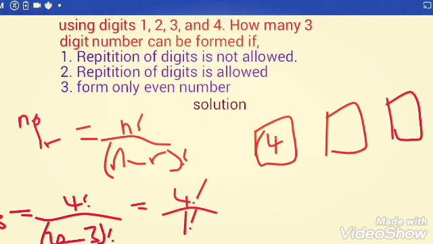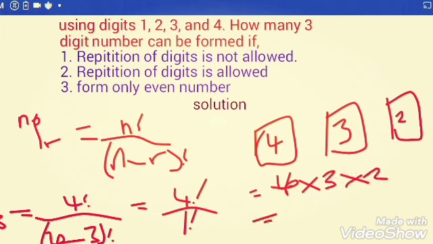Now we've used 1, we have 3 left, so we can only choose from these 3 to fill up this one, and we can only choose from 2 because that's what we have left to fill up this one. So that gives you 4 times 3 times 2, and that also gives you 24 numbers.